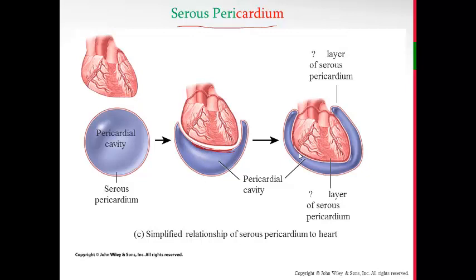So what we call the inner layer, which is here, is our visceral layer of the serous pericardium. Now the outer layer on the outside, which is here, this is the parietal layer of the serous pericardium. And in between them, remember we said, is the cavity where we have the serous fluid. So they're there to help you reduce friction because your heart is contracting hard on its own as well.